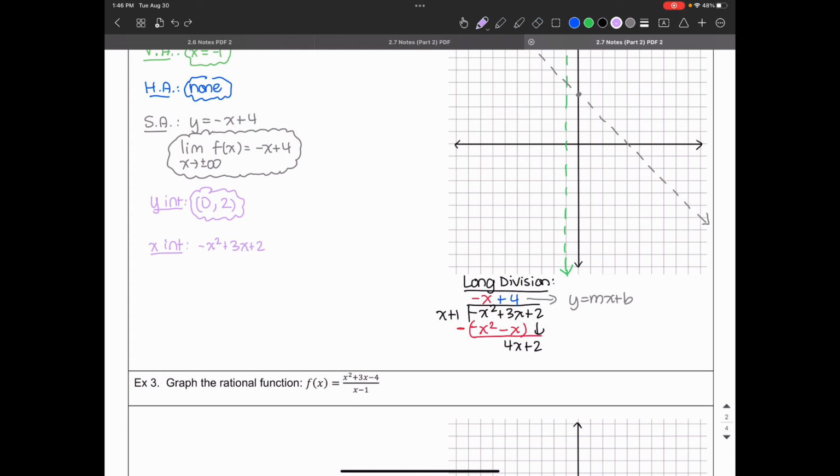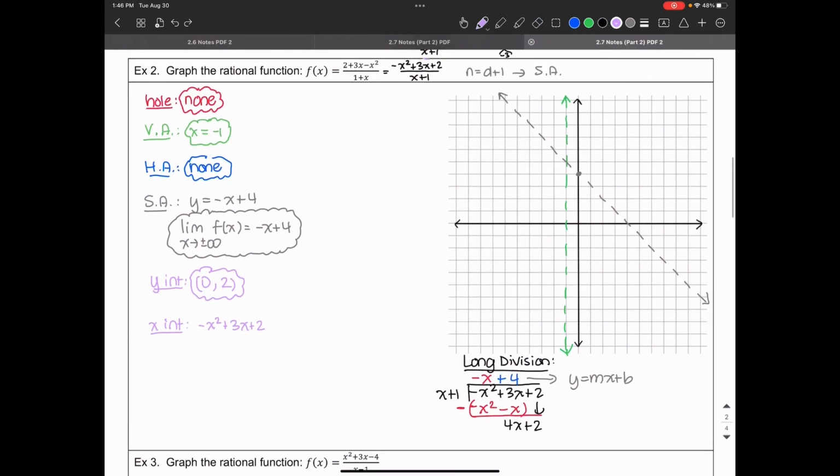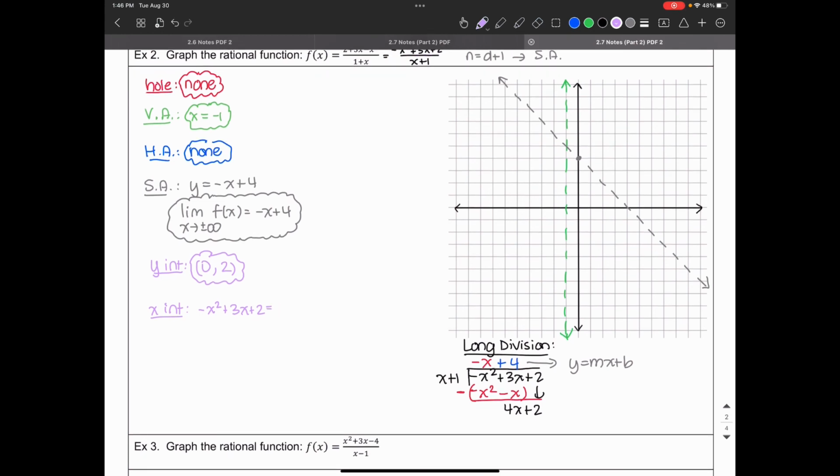So you would have to use the quadratic formula if you ran into a case like this where the top wasn't factorable, so I couldn't factor the left-hand side. And the quadratic formula, if you forget it, is x equals negative b plus or minus the square root of b squared minus 4ac all over 2a.